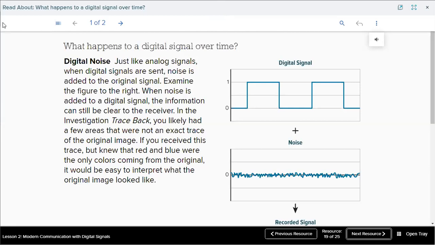If you received this trace, but knew that red and blue were the only colors coming from the original, it would be easy to interpret what the original image looked like.